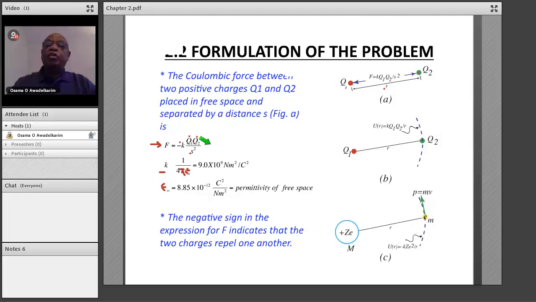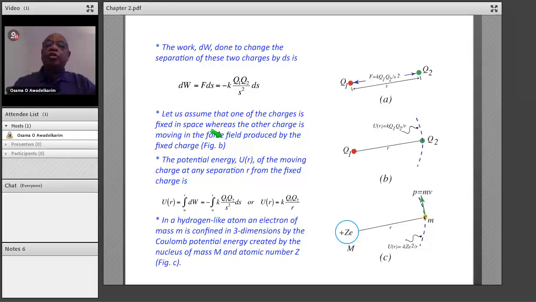Now I can use F and find the potential by taking F ds and integrating from a very far distance, where this Coulombic force is inactive, which is infinity, to some given point R. The potential goes as K Q1 Q2 over R, so the potential of a Coulombic force depends on the separation as 1 over R.